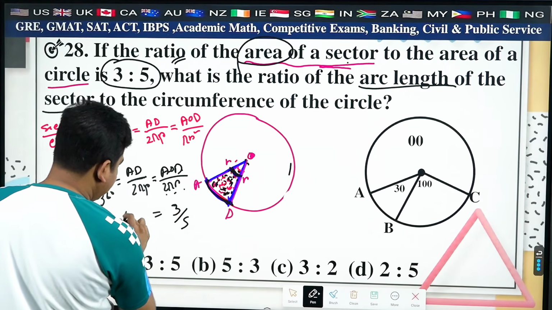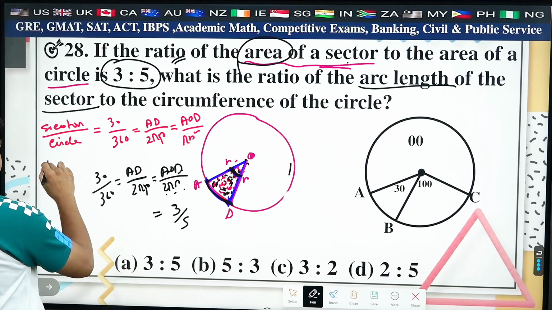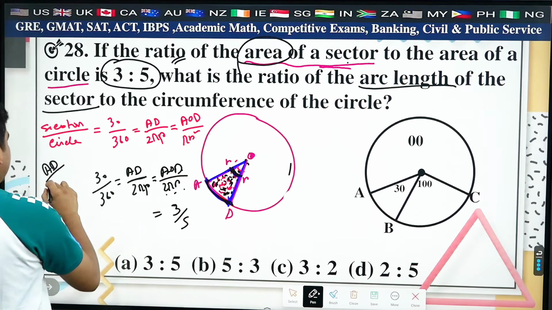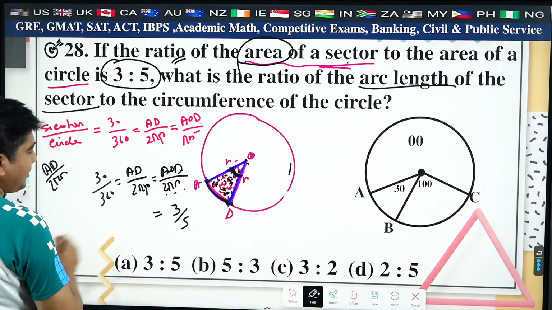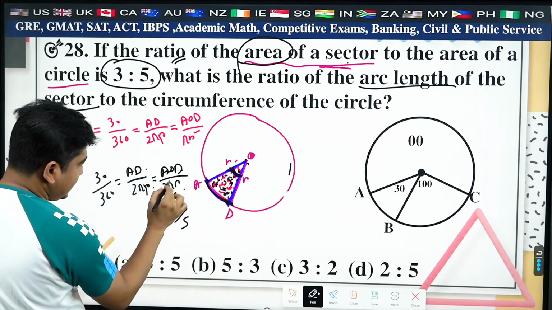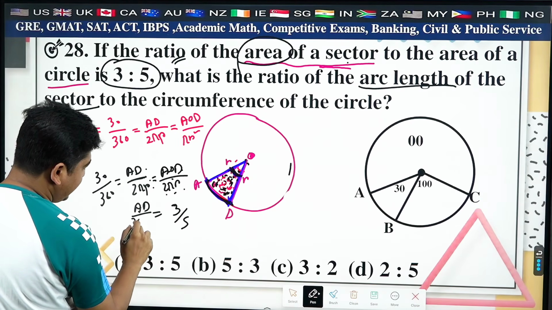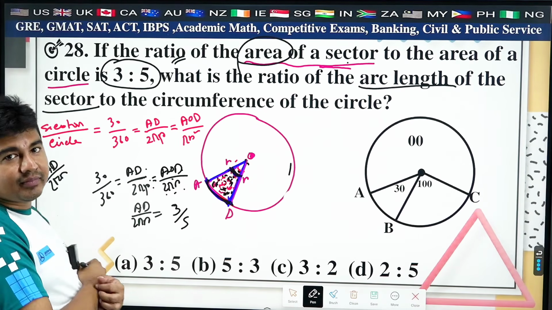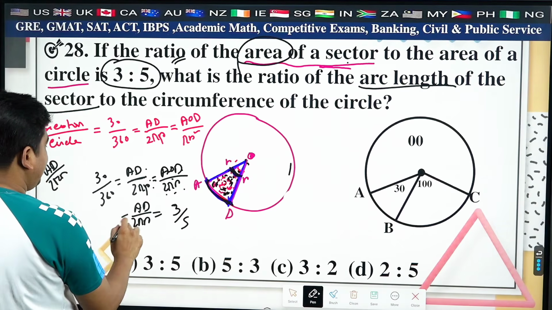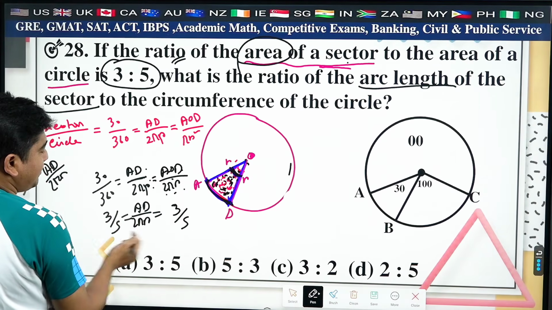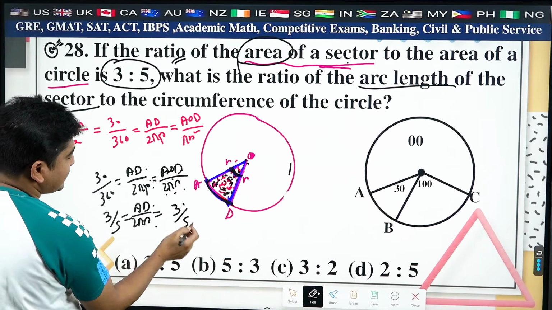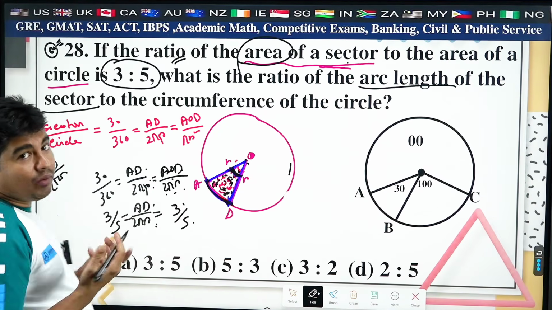So you have to find out the value of AD divided by 2πr. This one and this one are equal, so AD divided by 2πr also will be 3/5.